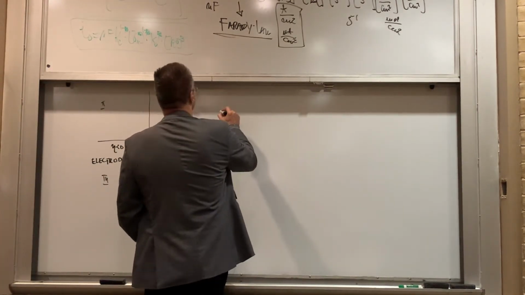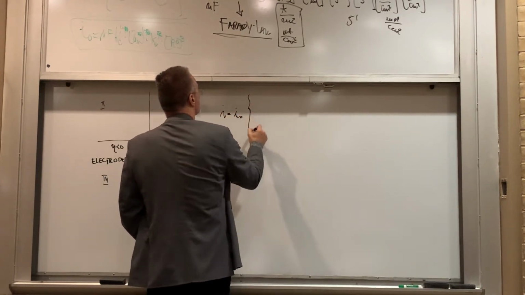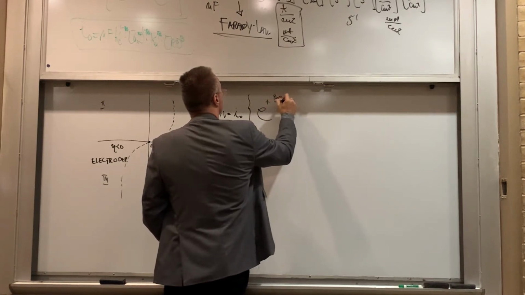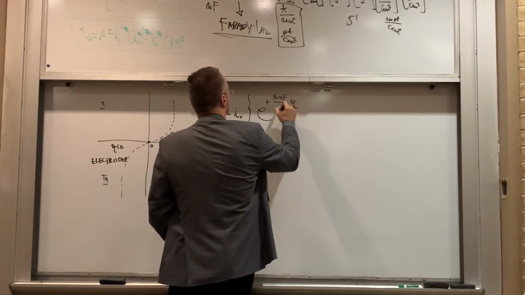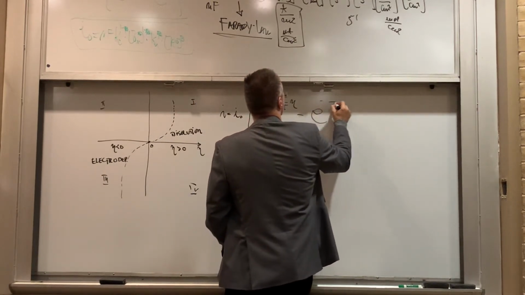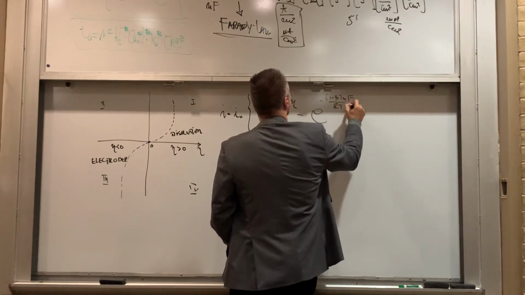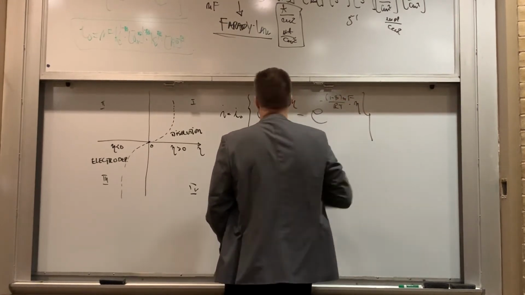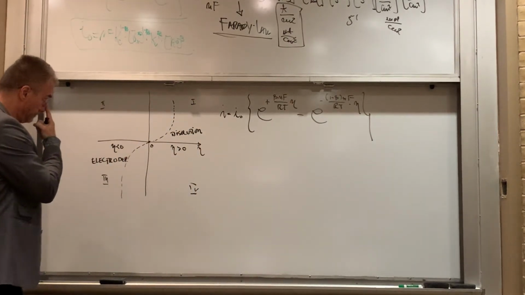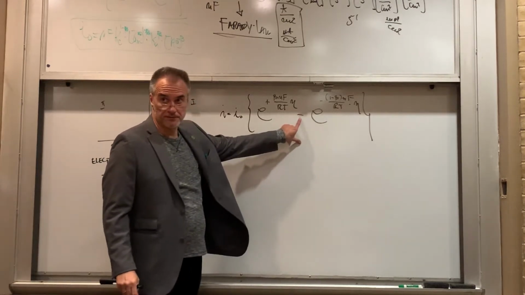But what I want to remind you is that in our case, current density is equal to exchange current density multiplying e to the plus beta n F eta over RT minus e to the minus (1 minus beta) n F eta over RT, right? Now, what is important to appreciate is there is a minus sign here.